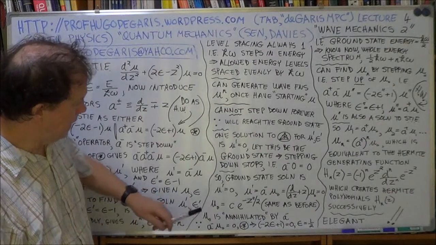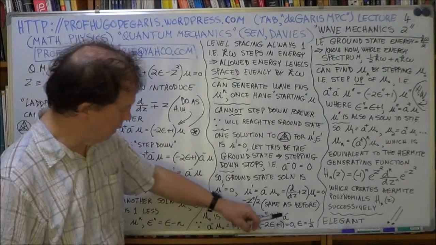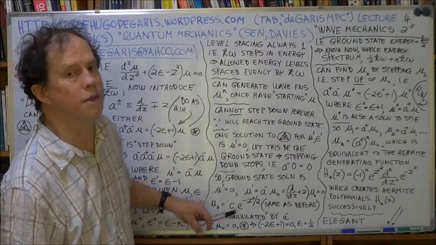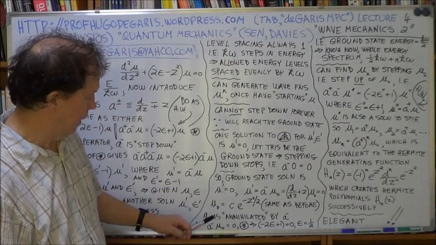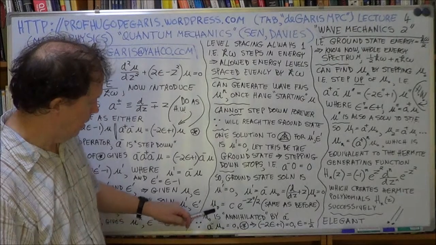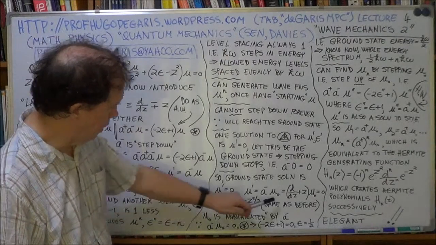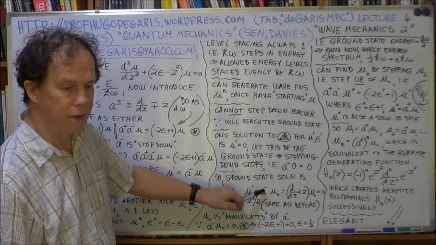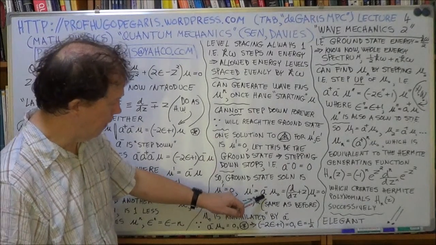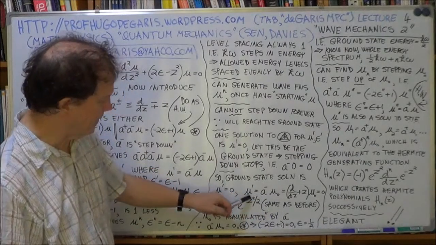Now, in a sense, and this is like you're getting a foretaste for what's to come, higher level quantum mechanics. In a sense, you can say that when this operator, the a minus, the step down operator, applies to u naught, you get 0.